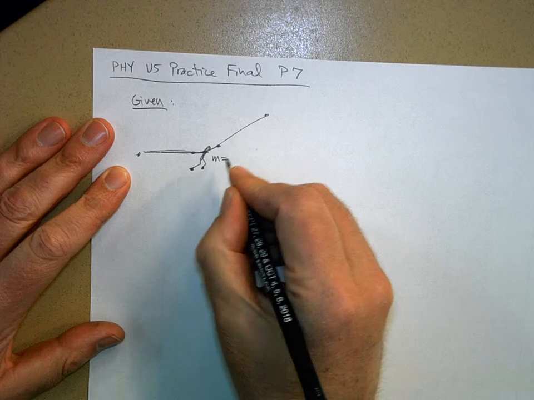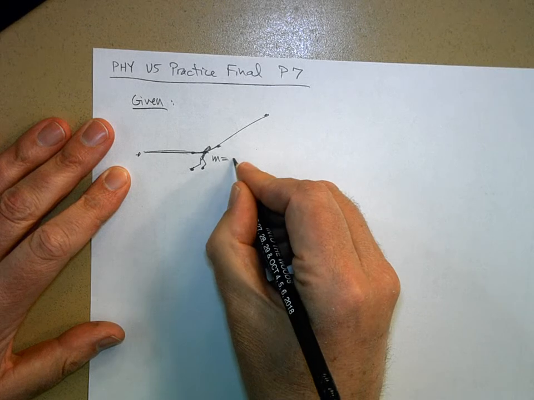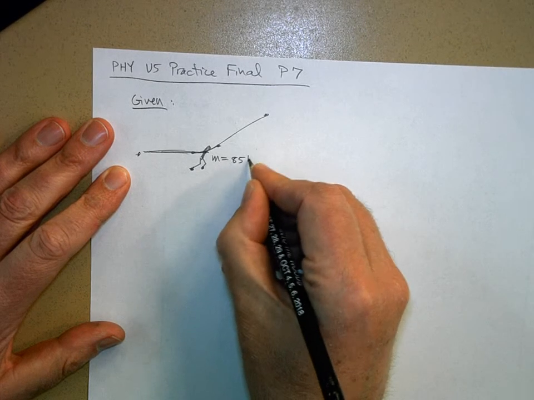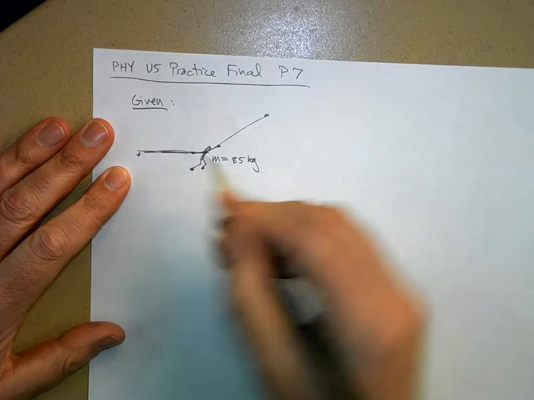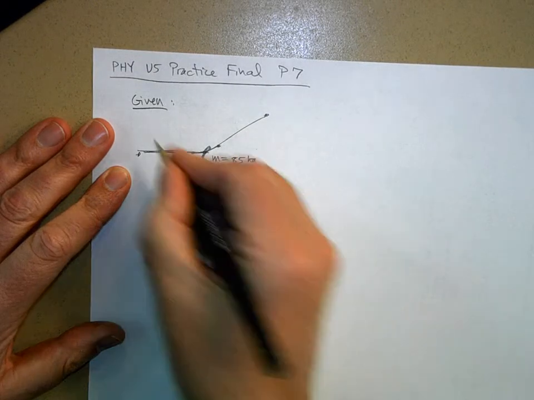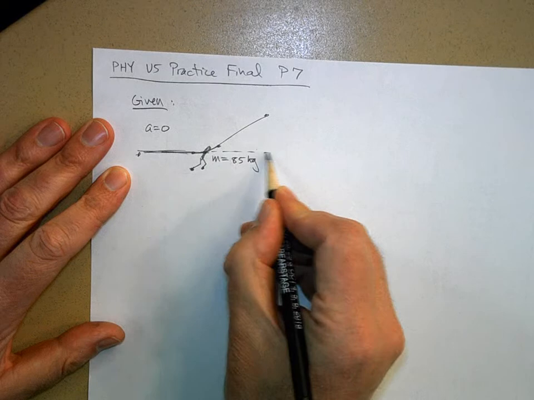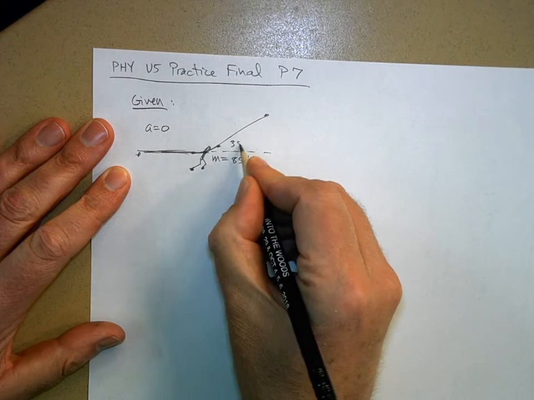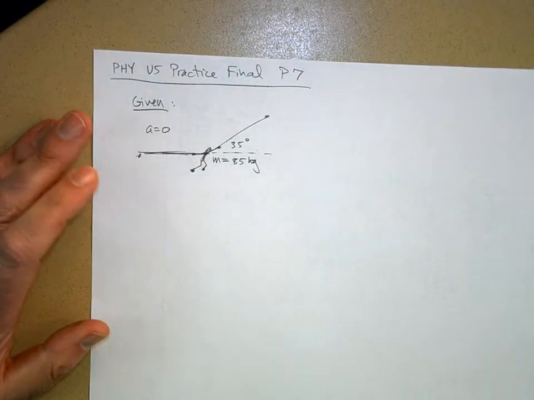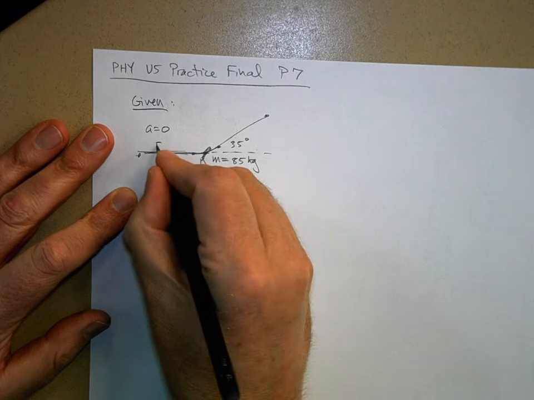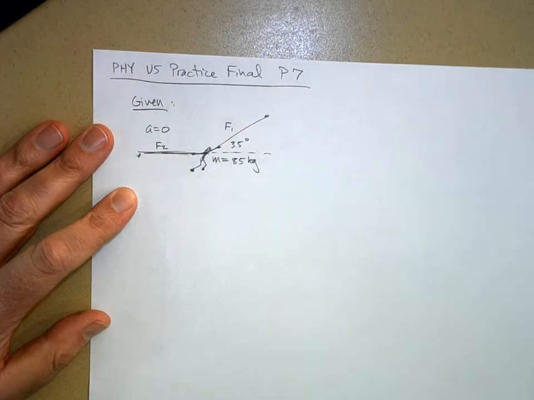He has a mass of 85 kilograms. He's obviously just hanging there. The acceleration, we'll just say, is 0 in this problem. And this force is at an angle of 35 degrees from the horizontal. We're calling this F2 and this F1.